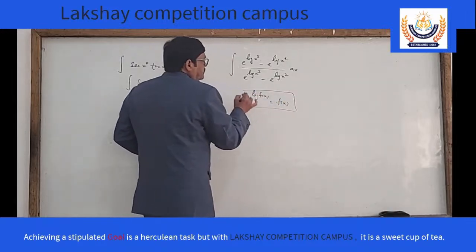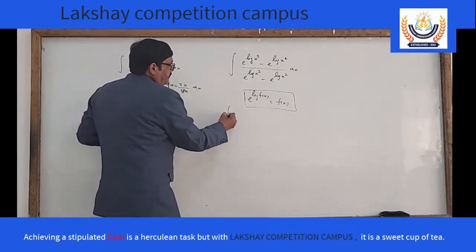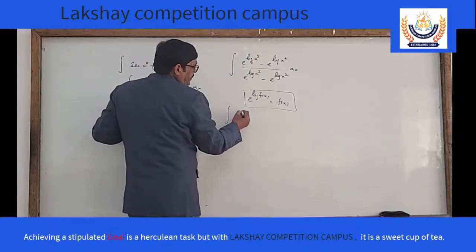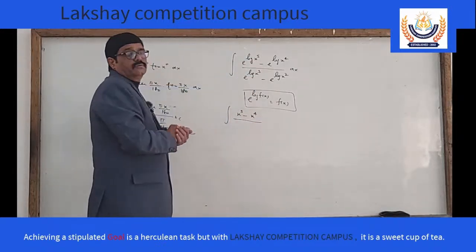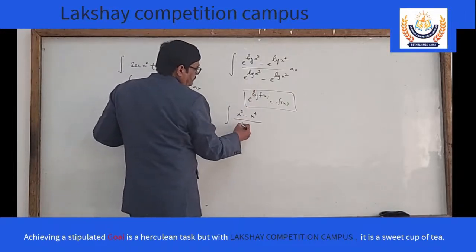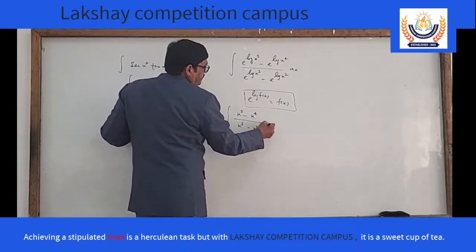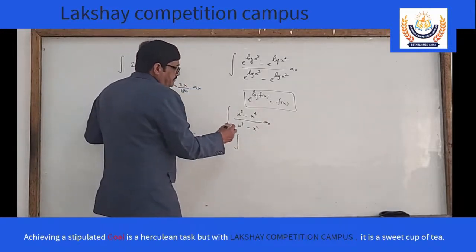So we write x raised to power 5, x raised to power 4, x cube, x square. Clear? And now we solve it.